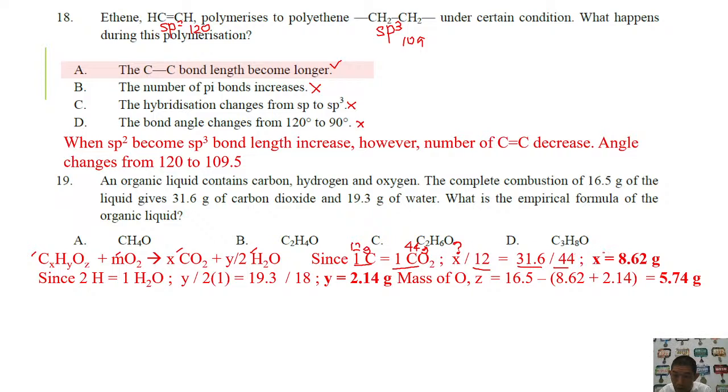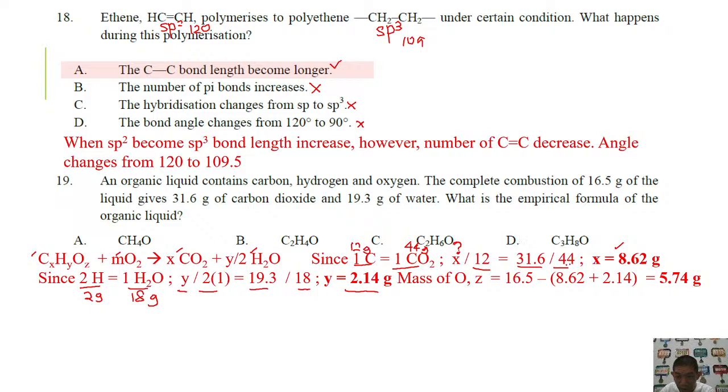After you calculate, you get x equals 8.62 grams. For hydrogen, since 2 hydrogen give 1 water, 2 grams of hydrogen give 18 grams of water. In terms of mass ratio, y times 2 times 1 equals 19.3 divided by 18. So the mass of the hydrogen in here is 2.14 grams.